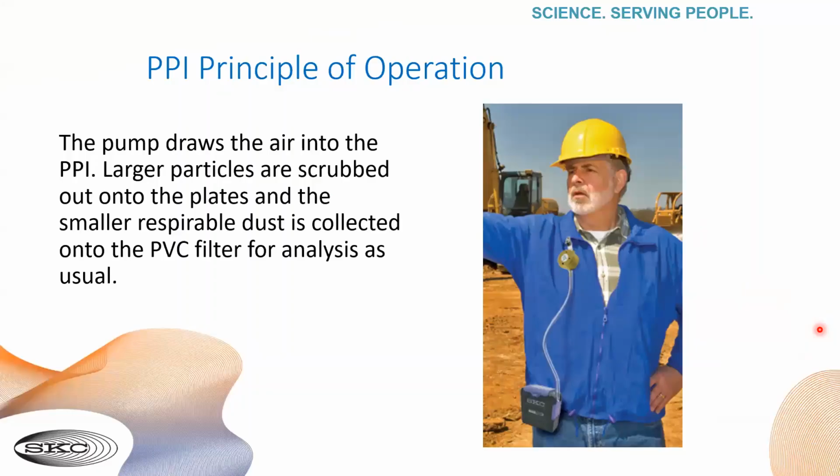But as air is pulled into the PPI, the smaller respirable particles that are not scrubbed out and retained on the oiled substrates are collected onto the PVC filter for analysis, just as if it were a standard filter cassette from a cyclone. Same filter, same analysis. So you don't have to worry about finding a new lab or a new analysis method. It is the same analysis process.